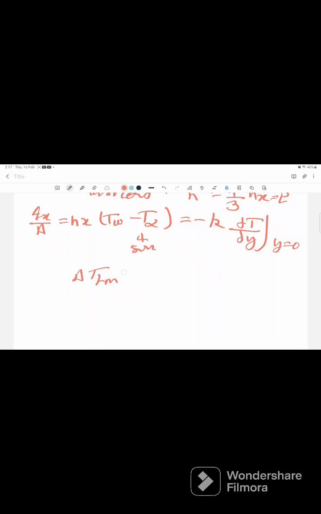Delta T LM is defined as (delta T2 minus delta T1) upon ln (delta T2 upon delta T1).